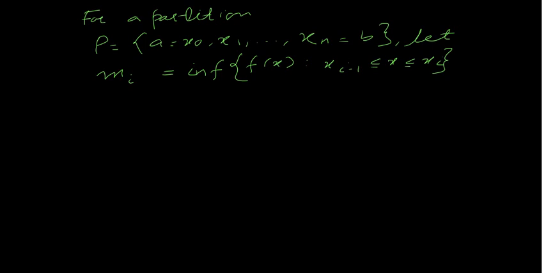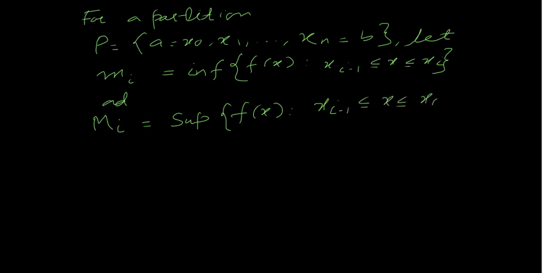That's small mi. It is the infimum of this function f, and the capital Mi is equal to the supremum of f of x, such that xi minus 1 is less than or equal to x, less than or equal to xi. You have done this already in the basic course also.